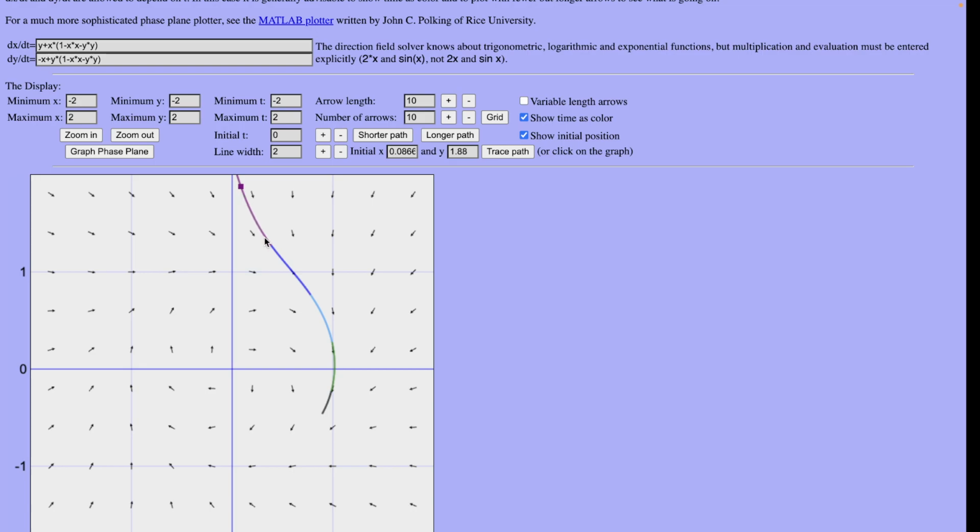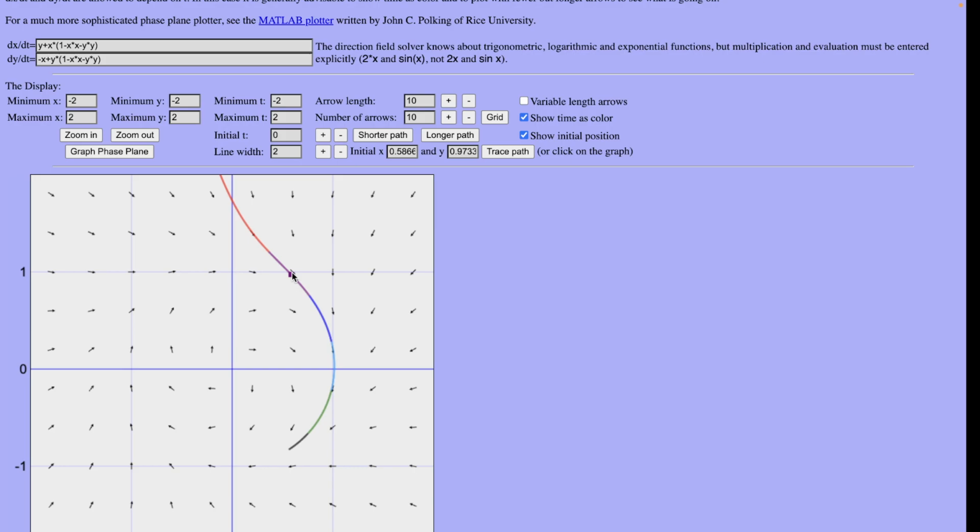So from t0 to plus infinity, this path is C plus, and from minus infinity to less than t0, this path is C minus. This point is t0, so this portion from t0 to plus infinity of this trajectory is C plus, and from minus infinity to t0, this path is C minus.